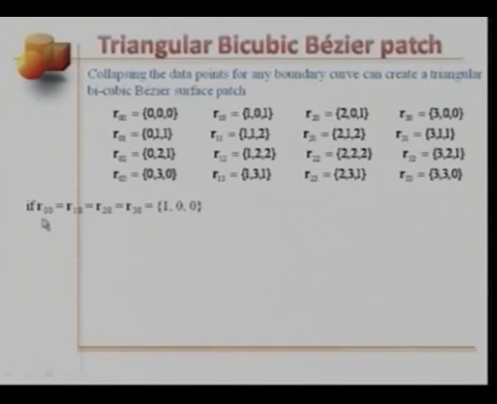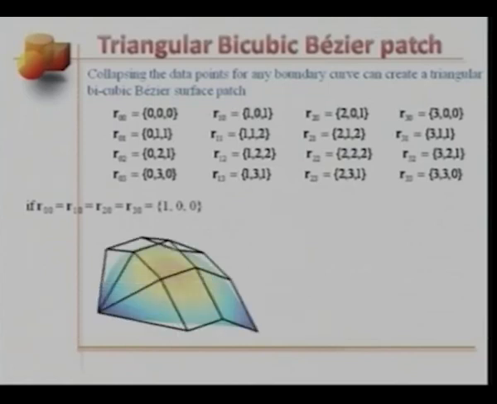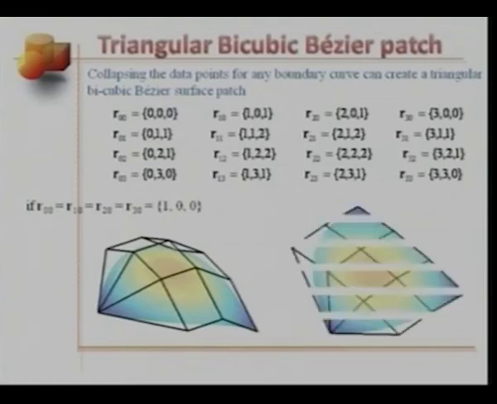And if R00, R10, R20, and R30 are all collapsed to a point 1, 0, 0, this is the triangular patch that we're getting. These are two different views, and you can clearly observe that we now have 3 as opposed to 4 bounding curves.